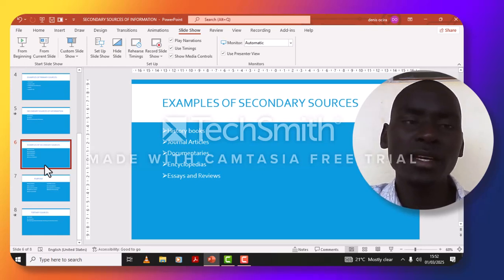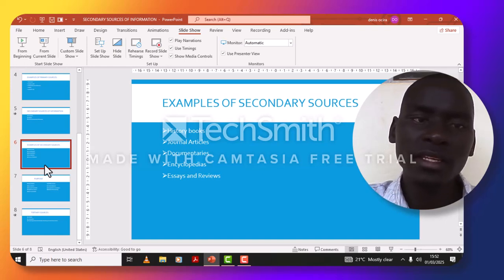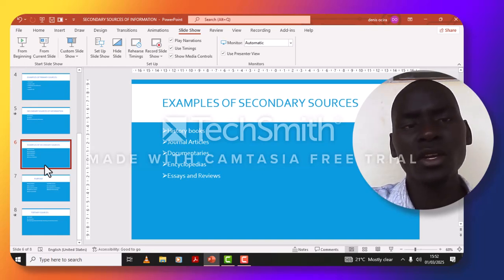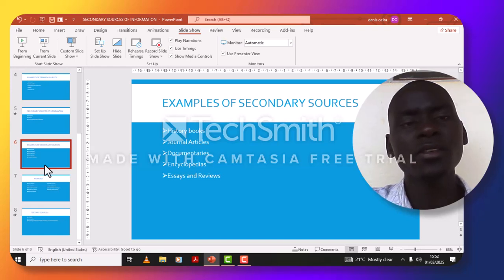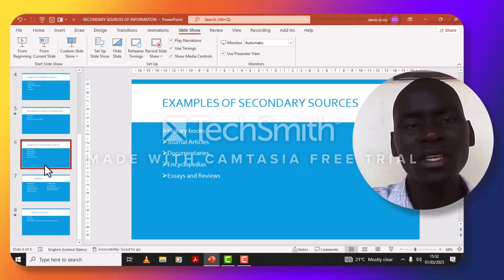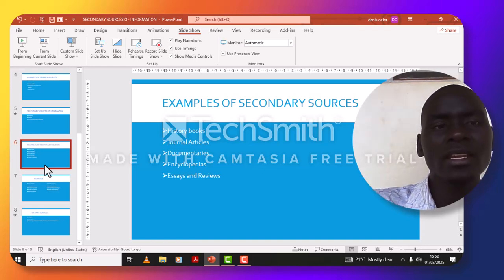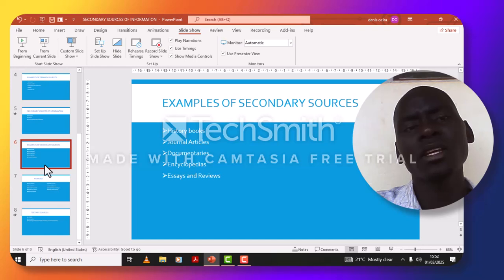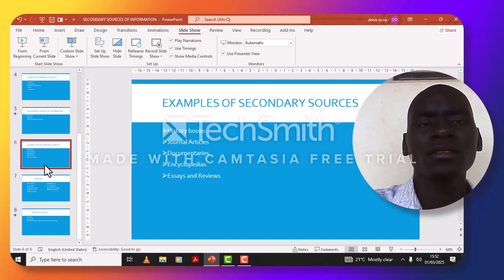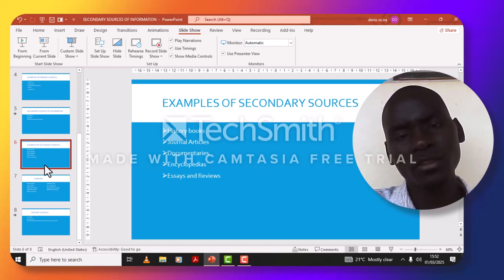After getting your first-hand information, you go and interrogate more, or find more information about what you have studied. That is secondary sources. After being verified and documented, that document is now called a secondary source of information.